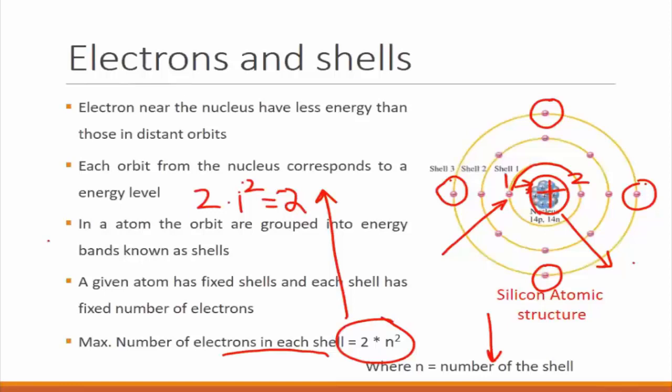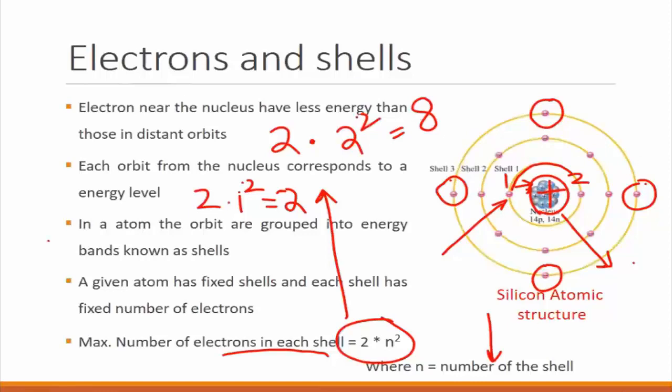So you need to go to the next orbit. For the next orbit, the formula is 2 times 2 square. 2 square is what? 4. 4 times 2 is 8. Here n is the shell number: first one, second one, and so on.